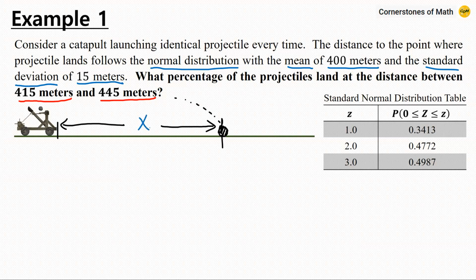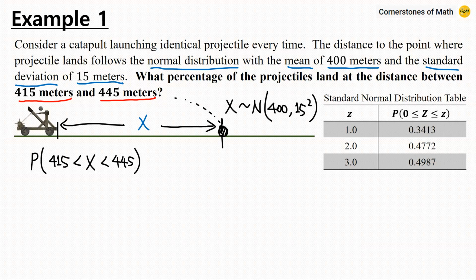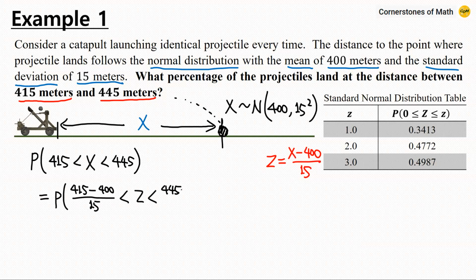So we let x be the distance to the landed projectile, then x follows the normal distribution with mean 400 and standard deviation 15. And the value we have to calculate is the probability of x greater than 415 and less than 445. Standardizing with z equals (x minus 400) over 15, we have (415 minus 400) over 15 and (445 minus 400) over 15.